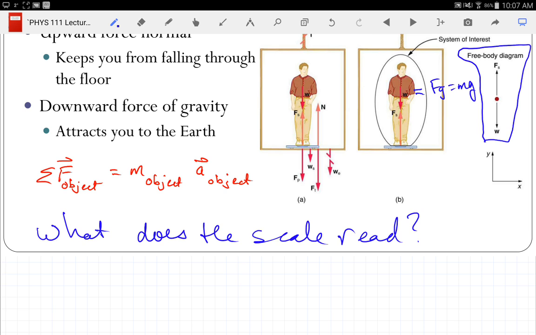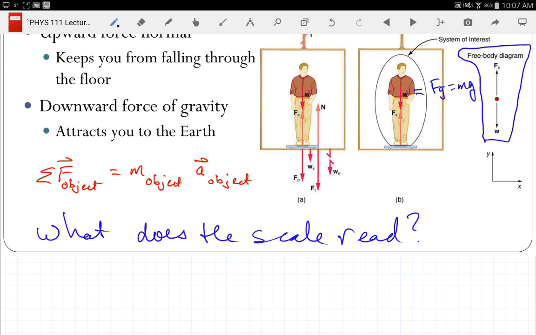So from all of the forces in the picture on your left, only the forces that are acting specifically on the man, not forces of the man acting on something else, but the forces of other things acting on the man, are shown there. So there are only 2 forces acting on the man, and they're shown. In our physics problems, we make these free body diagrams all the time. Why? Because it makes it easy for us to apply Newton's second law. The whole point of the free body diagram is for using it with Newton's second law.